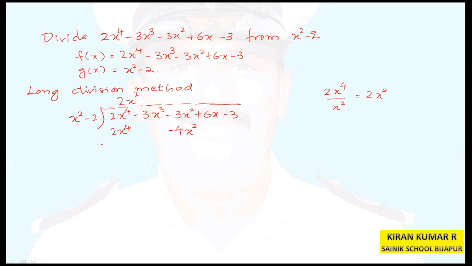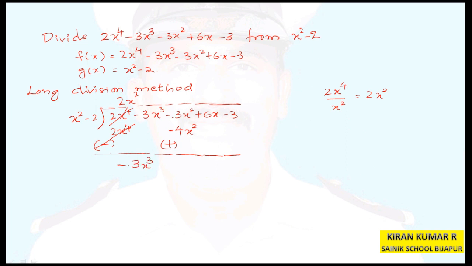Always remember, while dividing, we always change the sign of the expression, the terms, and we subtract. In the subtraction, we are adding by changing the sign. So this positive 2x to the power 4 minus 2x to the power 4, they get cancelled. We will be having minus 3x cube.